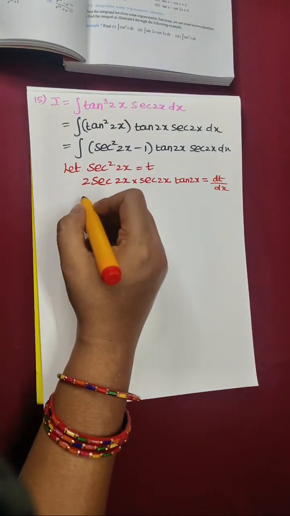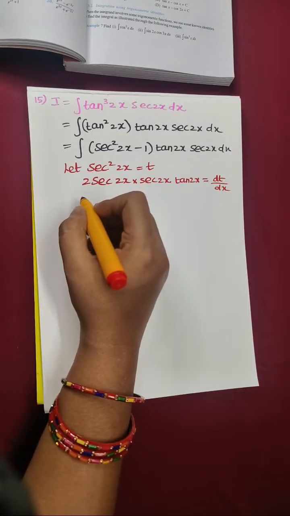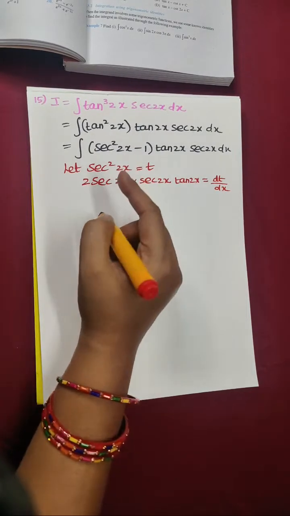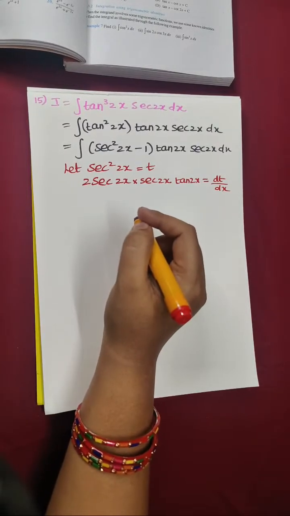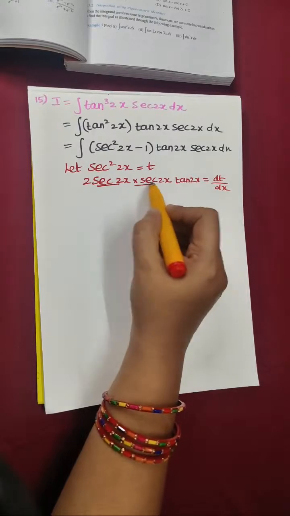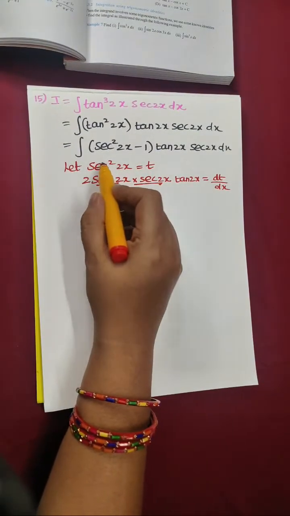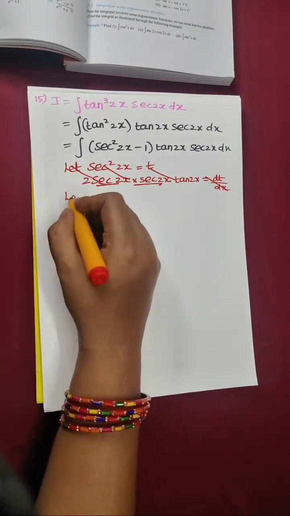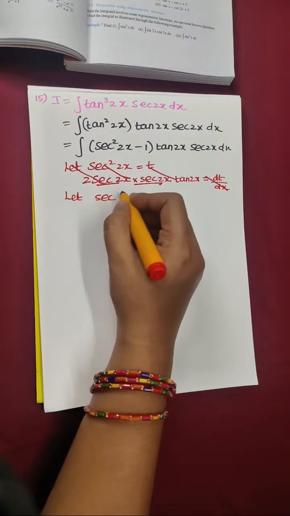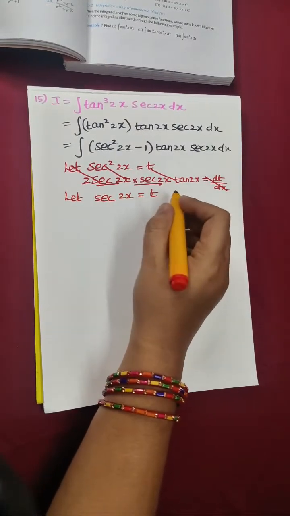Now, if you take secant square 2x as t, there is a problem. Why? Because we are getting 2 secant x. So what do we have to take? We have to take secant 2x as t, so that you will not end up with any problems in substituting back.